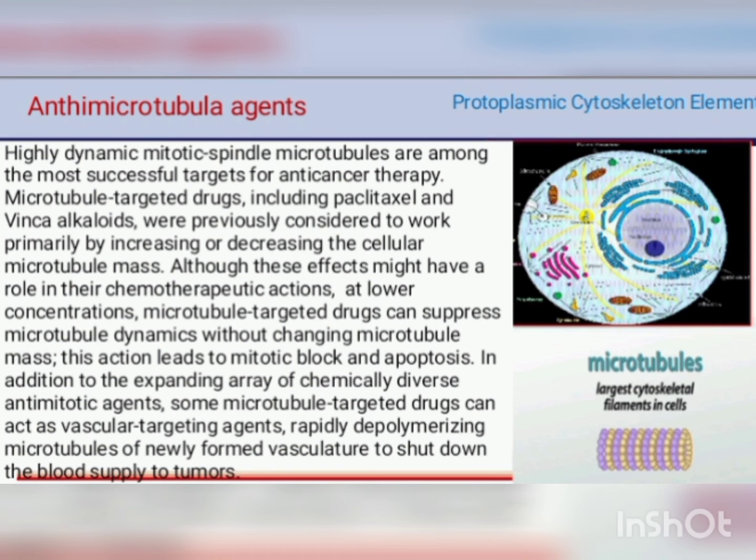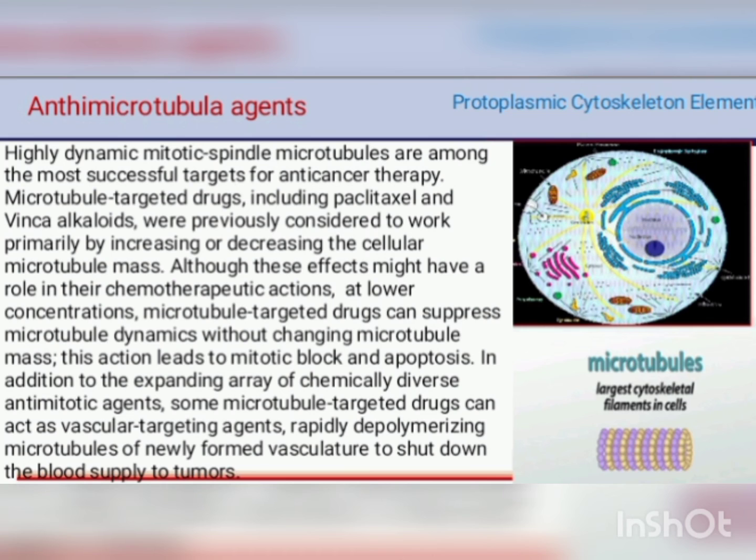This action leads to mitotic block and apoptosis. In addition to the expanding array of chemical antimitotic agents, some microtubule targeting drugs can act as vascular targeting agents, rapidly depolymerizing microtubules of newly formed vasculature to shut down the blood supply of tumors.